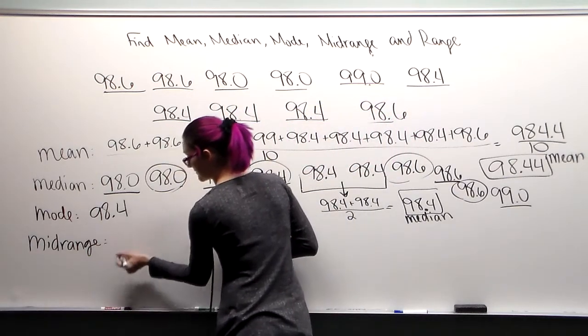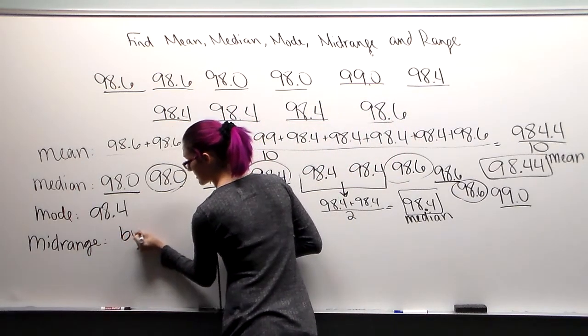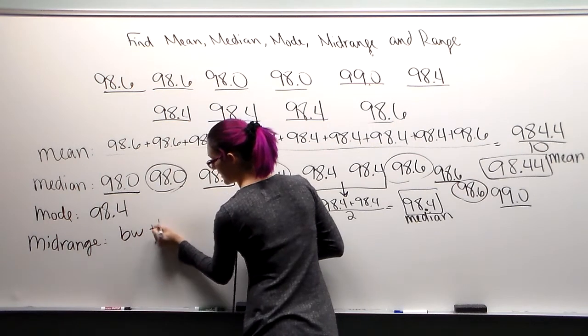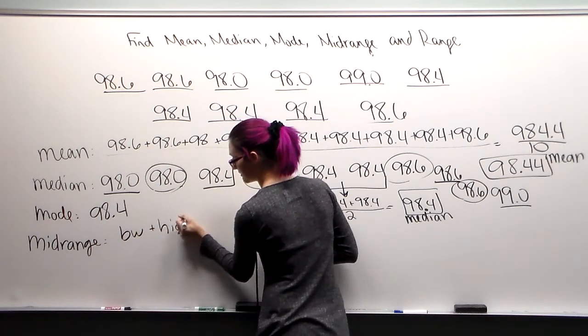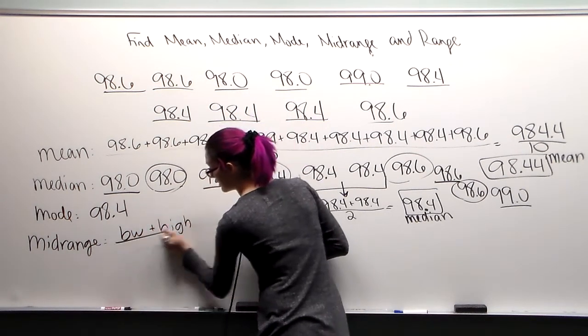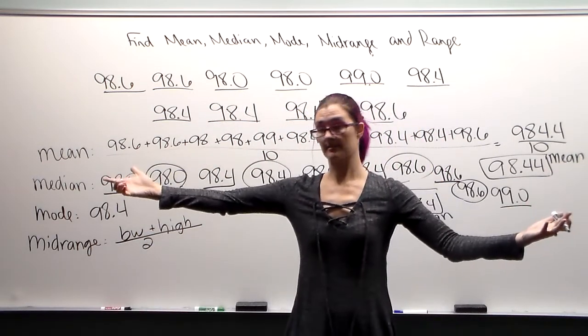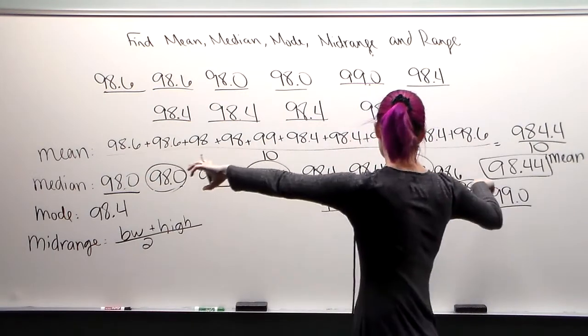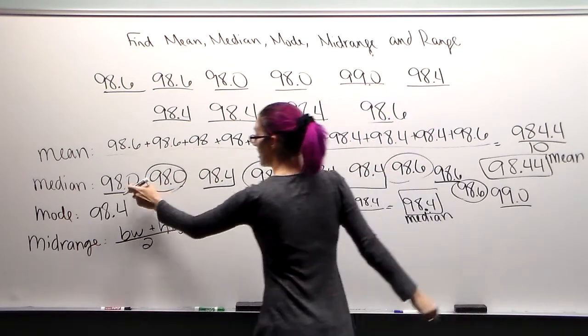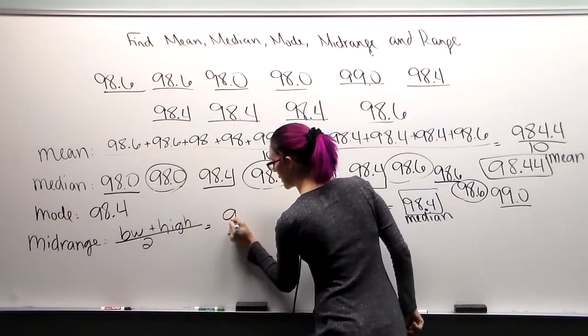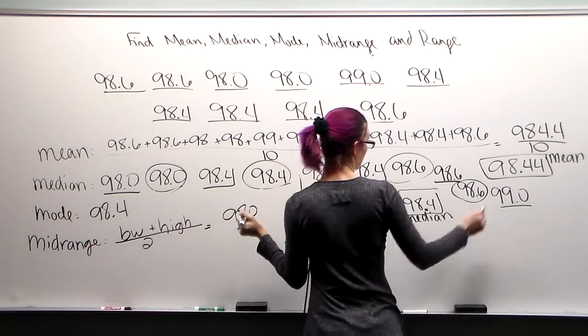Mid-range has a very specific formula. It's the low value plus the high value, that is a plus sign, divided by 2. You are averaging the lowest and the highest. So look at your median, because that's where we have them ordered. My lowest value is 98.0.